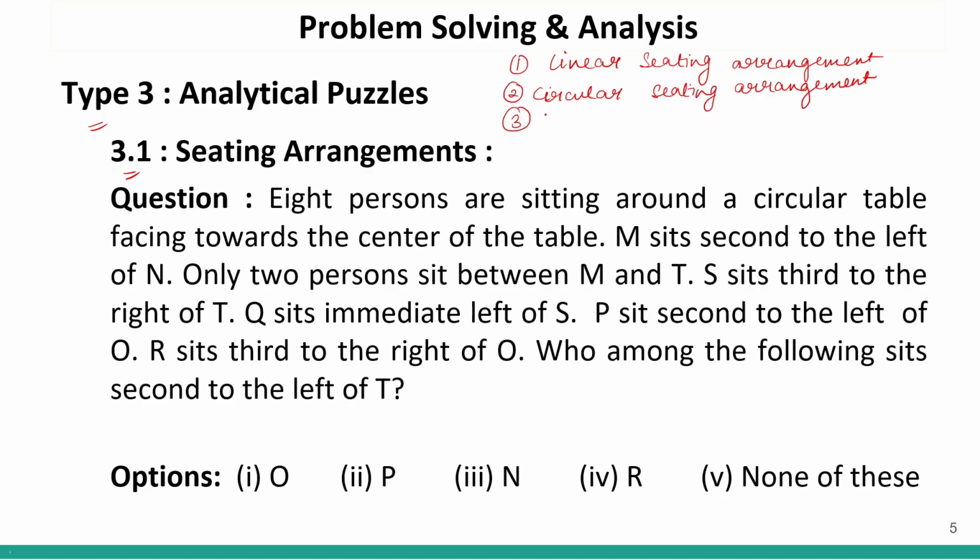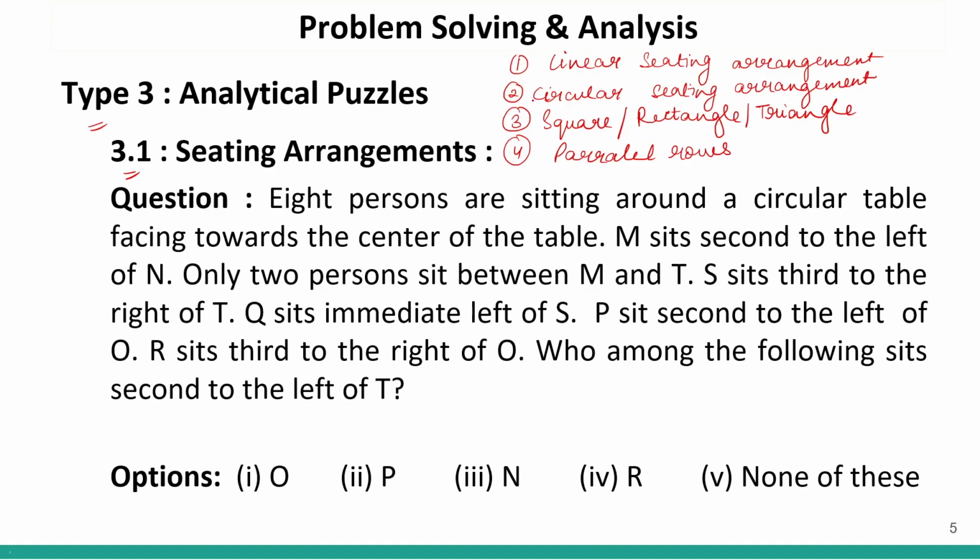Then you can have your square or rectangle or your triangle seating arrangements. And lastly, you can have your parallel lines seating arrangement or parallel rows seating arrangement. So these are the 4 types of problems that you can get in your seating arrangement. So we will discuss all these 4 types one by one.